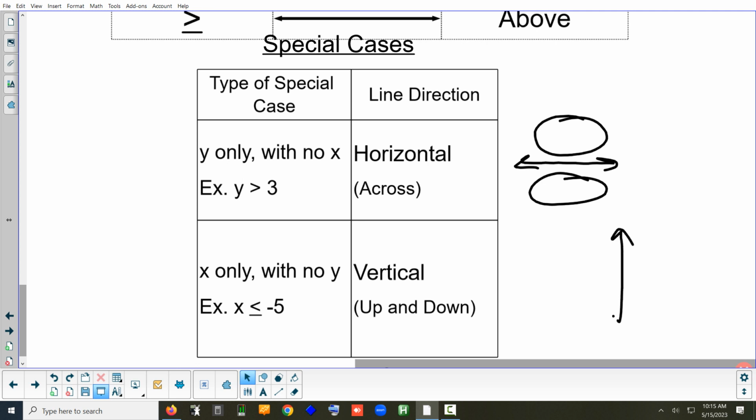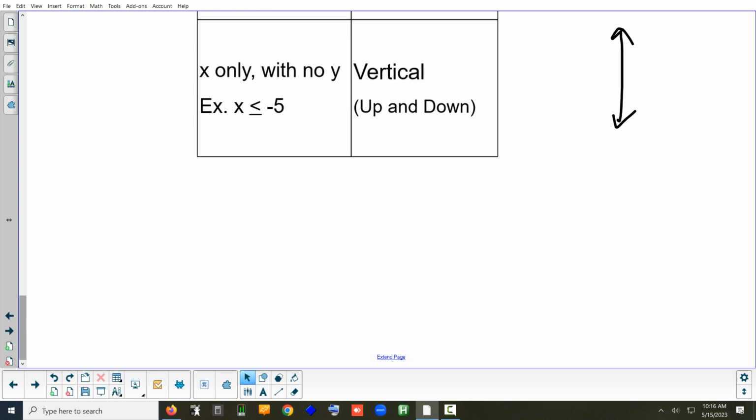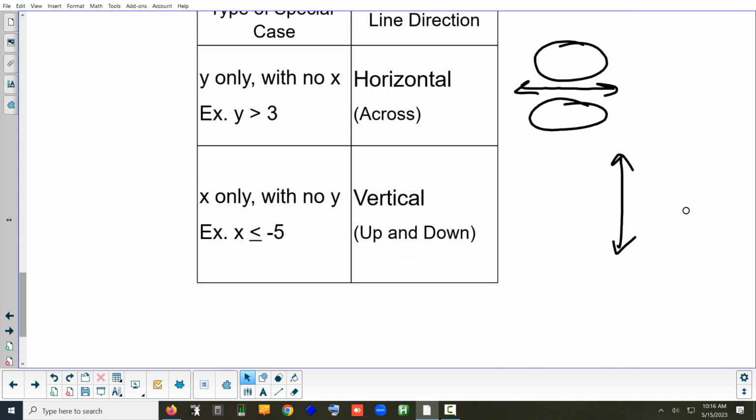Okay? Here's a vertical line. You don't have above and below. You have, well, what do you have in this case? You could either shade to the left or the right. So when you have a vertical line, less than or equal to, shade left.